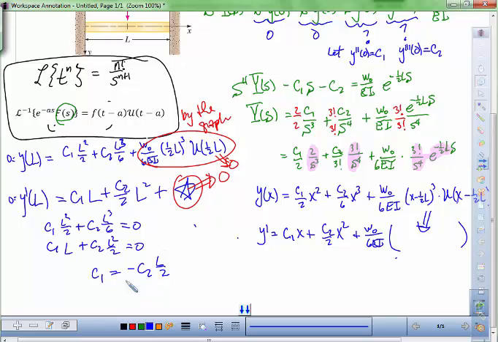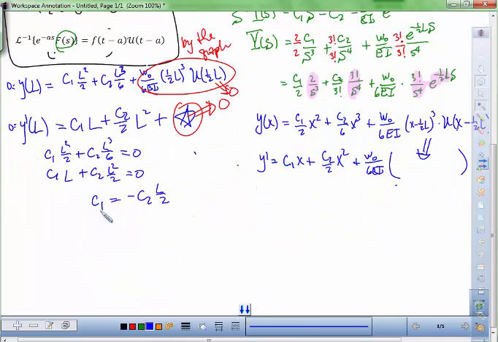Oh, okay. All right, we still have hope here. Plug this back into the first equation. We're going to get negative C2 L over 2 plus C2. Yeah, it is going to be 0. L cubed over 6.